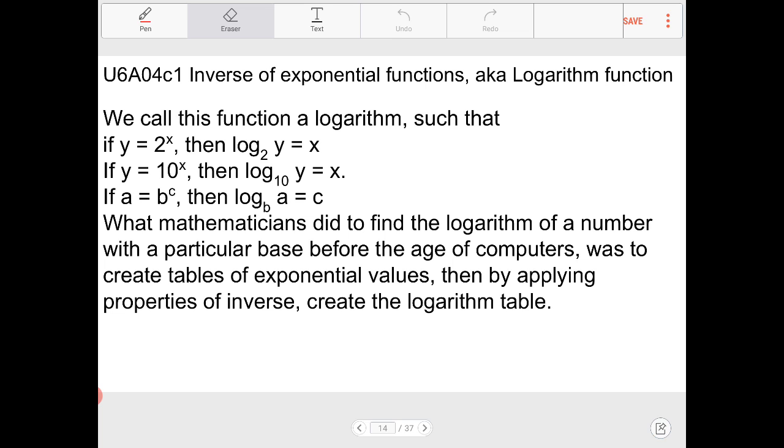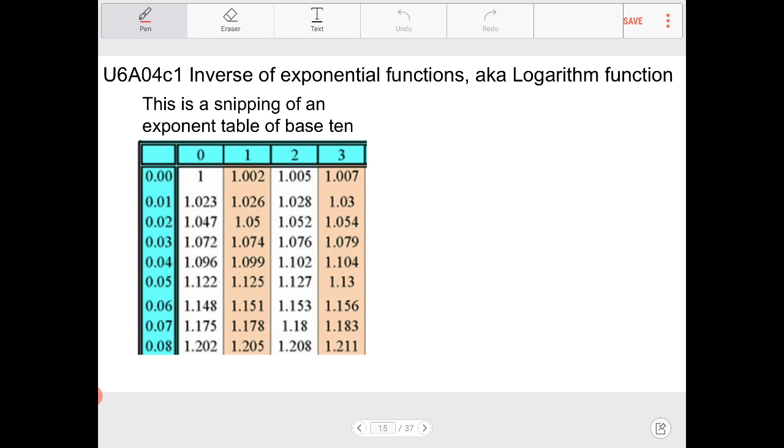If we don't know how to solve for these different values, why not start from scratch? Why not just create an exponential table? So that's what mathematicians did, and they've created all these different tables.